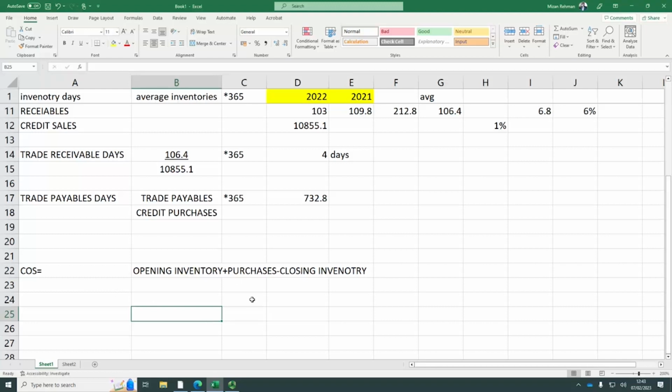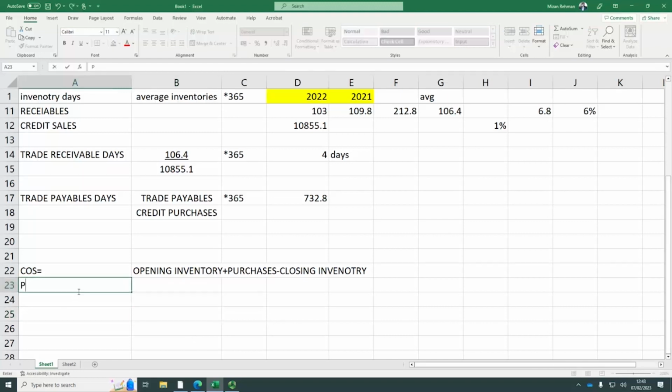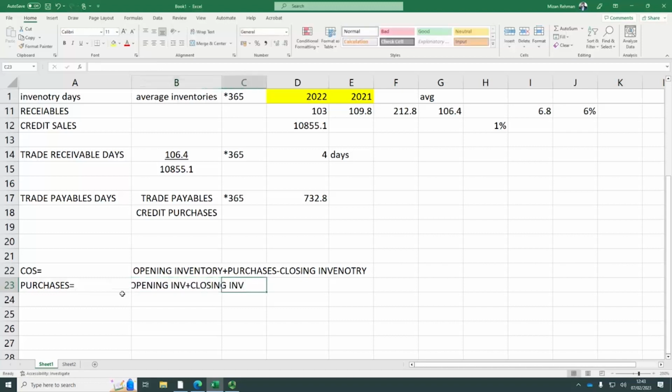If we change this equation to find purchases, we will be left with purchases equal cost of sales minus opening inventory plus closing inventory. So equation has changed slightly. So we can calculate purchases now.